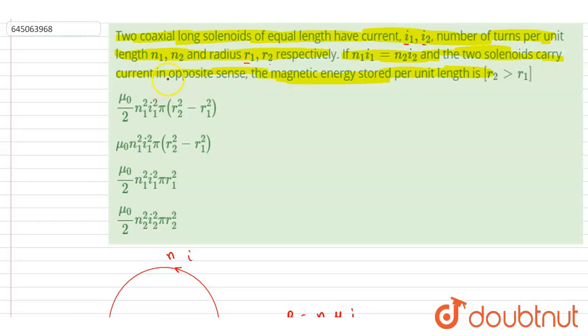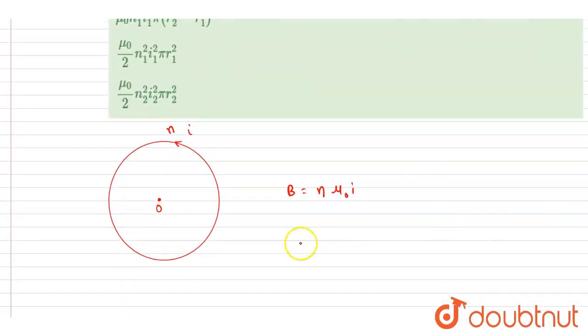It is said that the current is in the opposite sense, right? So the net magnetic field will be the magnetic field because of 1 minus the magnetic field because of 2, because they will be antiparallel since the sense of current is opposite.